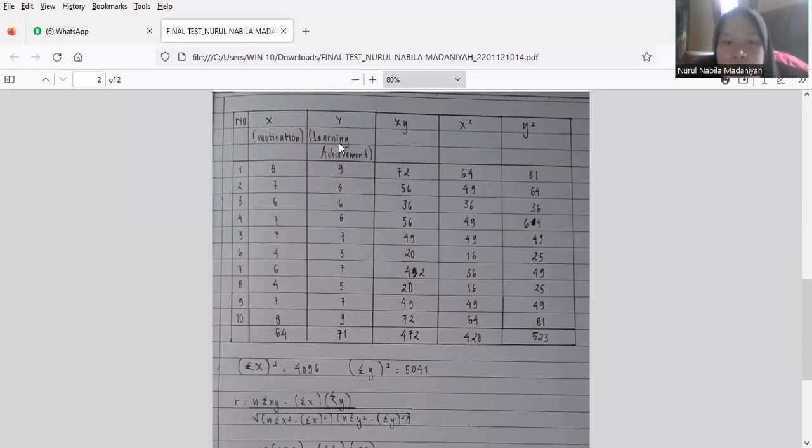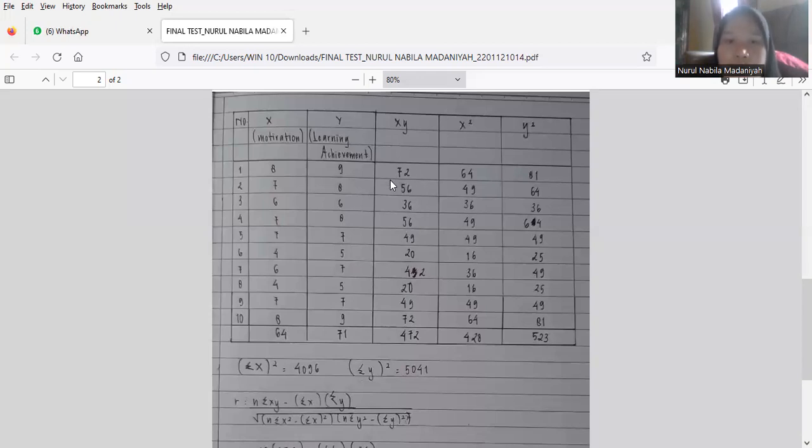And for Y learning achievement, it has 9, 8, 6, 8, 7, 5, 7, 5, 7, 9, and the total from it is 71. And then I have XY. It is 72, 56, 36, 56, 49, 20, 42, 20, 49, 70, and the total from it is 472.